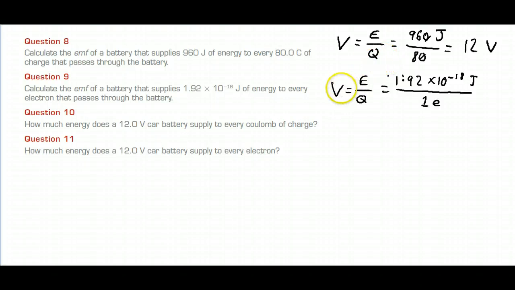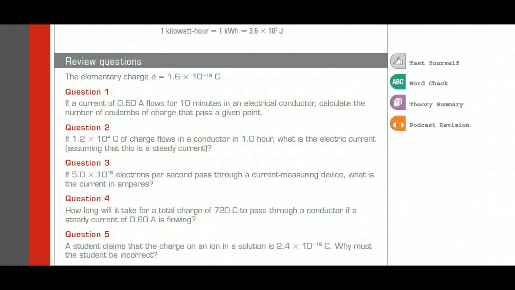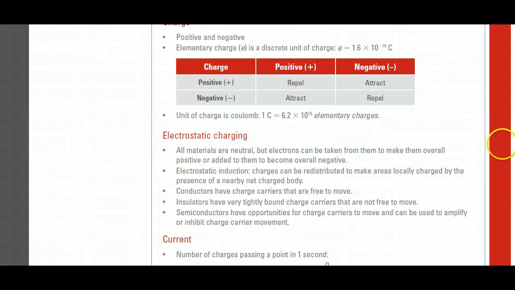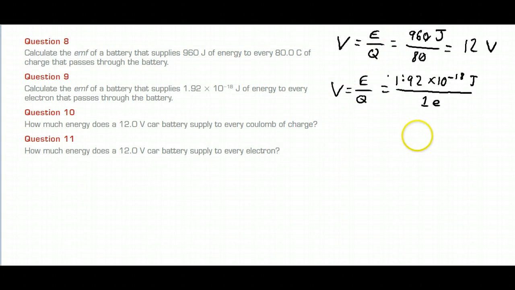But to get an answer in volts, we're going to need Q to be in coulombs. We need to have charge in terms of coulombs, not in terms of electrons. So what's the charge in coulombs if we've got one electron? If we go back to our textbook summary sheet, one electron is 1.6 times 10 to the negative 19 coulombs.